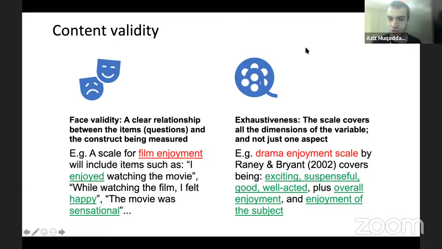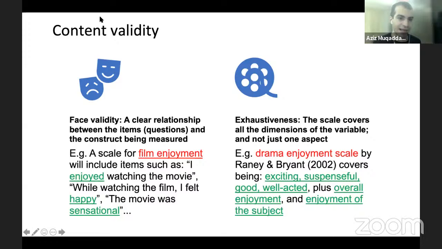The items you asked in the survey were: I enjoyed watching the movie. While watching the movie, I felt happy. And the movie was sensational. This has face validity. So you're talking about happiness, enjoyment, sensation, and it's more about film enjoyment. So this is just at face value, right? At least the words are the same.